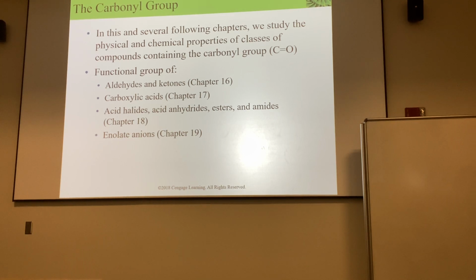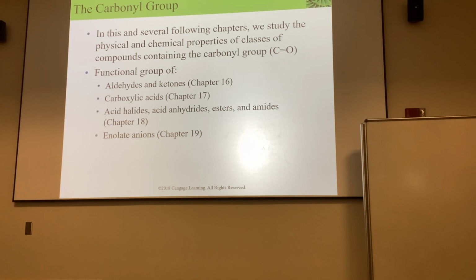But in this chapter, we start on carbonyls with aldehydes and with ketones. But what we're going to learn in this chapter, a lot of it is going to be, we're going to try to learn more thoroughly now so that when we get to the next 4 chapters that are still carbonyls, or 3 chapters that are still carbonyls, carboxylic acids, acid halides, esters, amides, acid anhydrides, and enolates, anions, chapter 17 through 19.